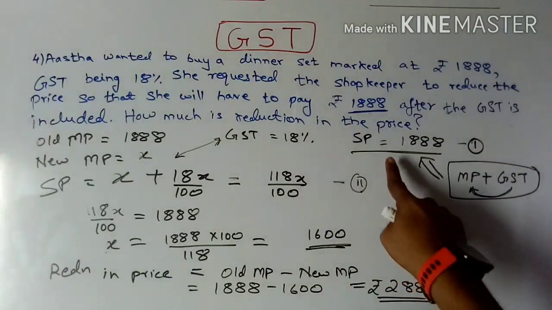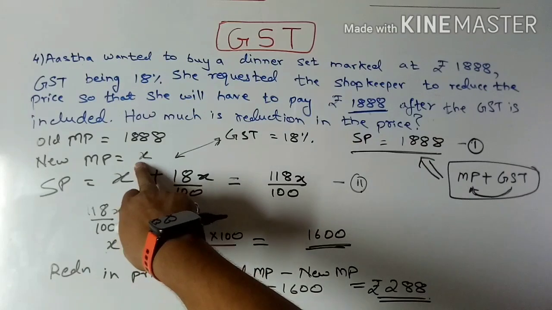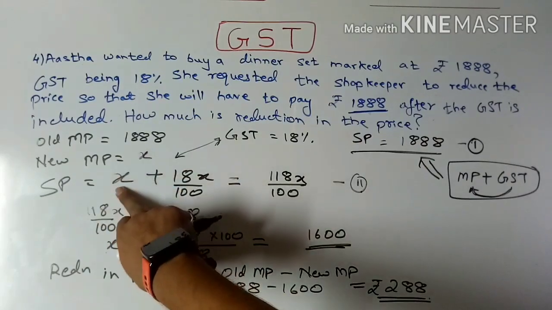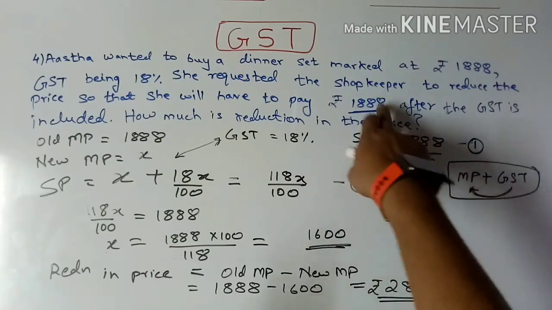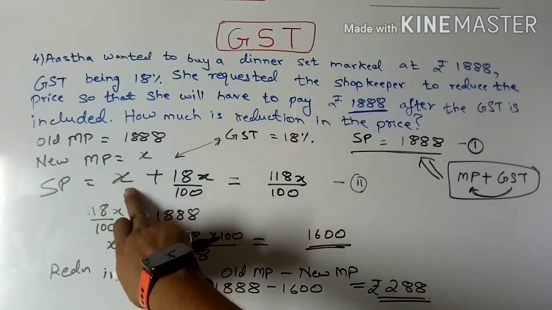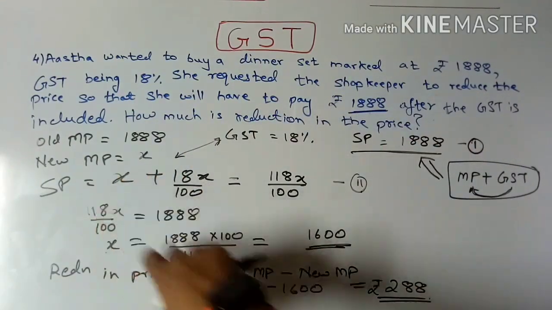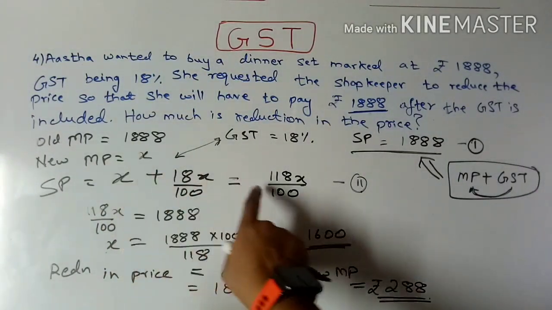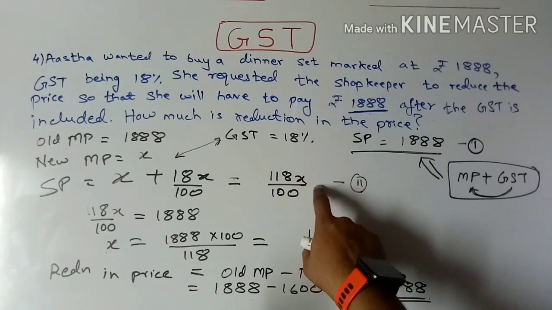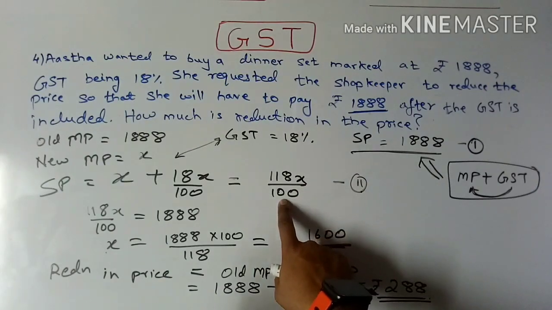So accordingly we assumed the new marked price to be X. So the selling price, which is nothing but 1888, is the new marked price plus 18% of the new marked price. Simplifying this, we get 118x upon 100.